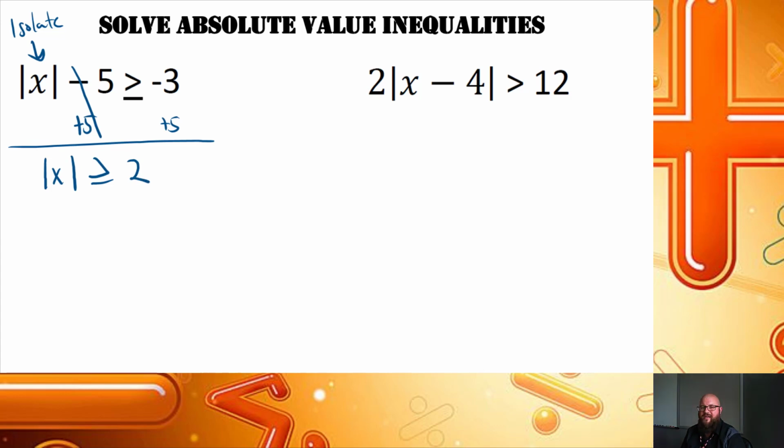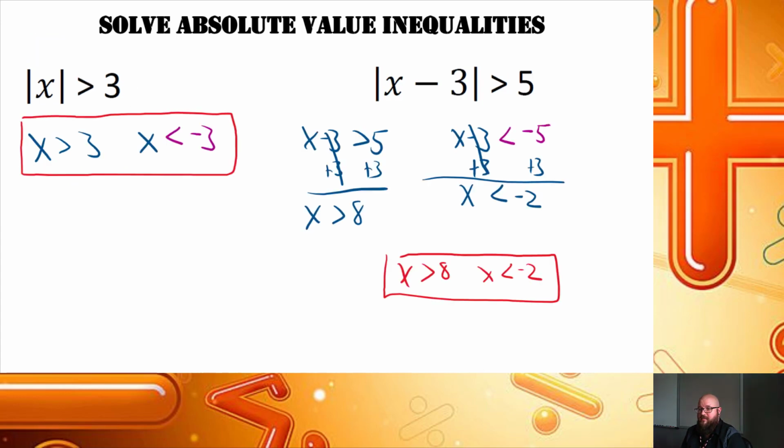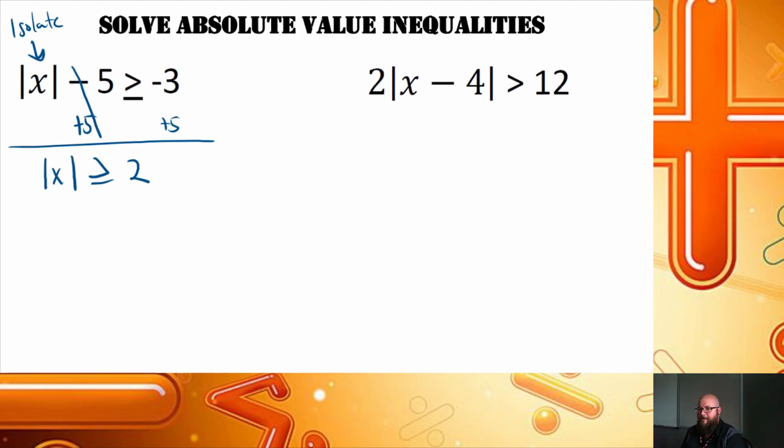Right? So now we're going to set it up just like we did previously on, shall we say, this first example we did right here with x. That's why I have x is greater than 3. We're going to set that up just like that. So we would say x greater than or equal to 2, or x, we're going to switch that sign now.